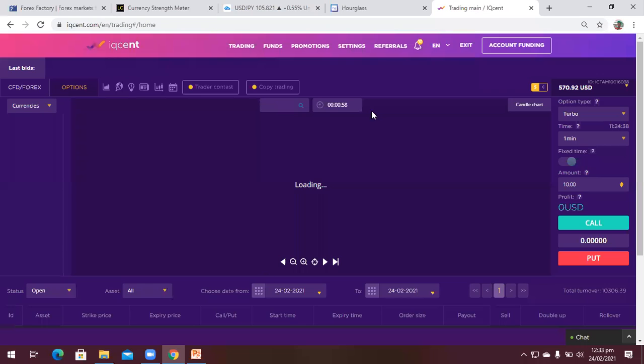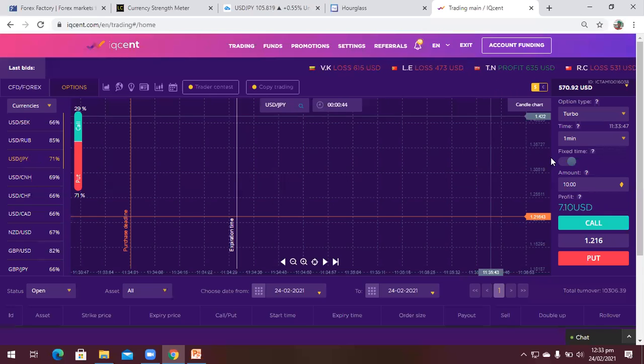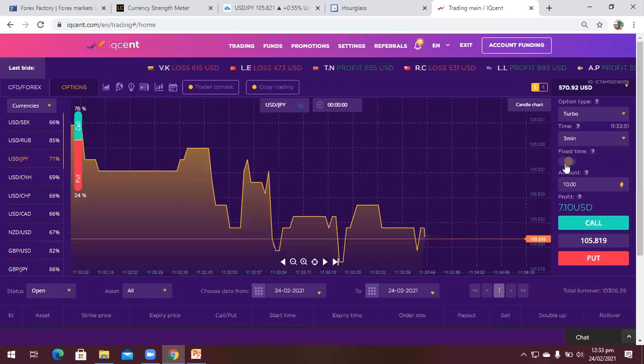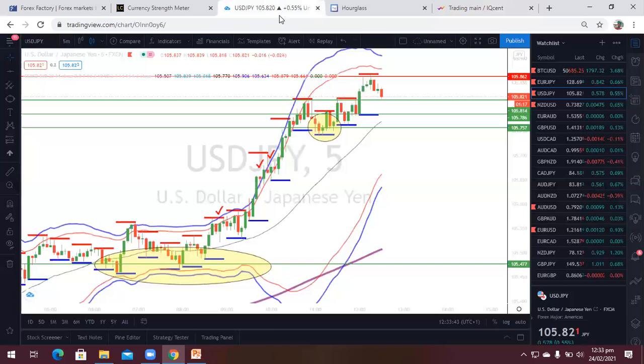Once it gets to 814 at the close of that candle, USD JPY, 3 minutes fixed time. If it gets to 814 at the close of the candle, this is what the close of the candle means. This candle has 1 minute 1 second to expire. It's counting down already.